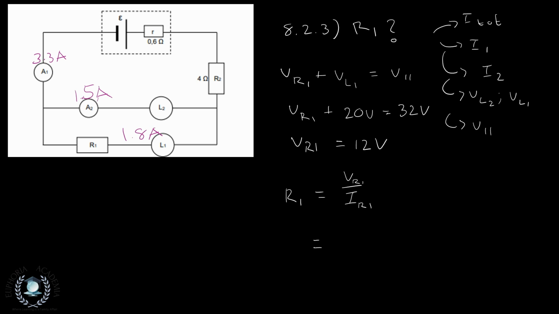Our VR1 we just calculated as 12 volts, and the current through that resistor we know as 1.8 amps, so that is 12 divided by 1.8. That gives us a resistance of 6.67 ohms. I just rounded that off to two decimal places.